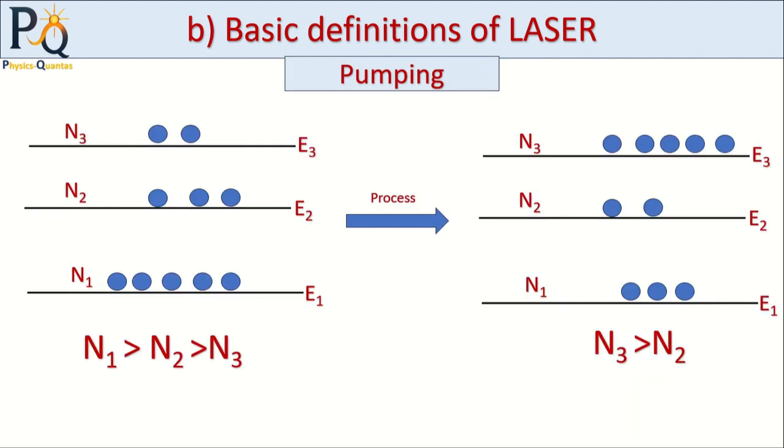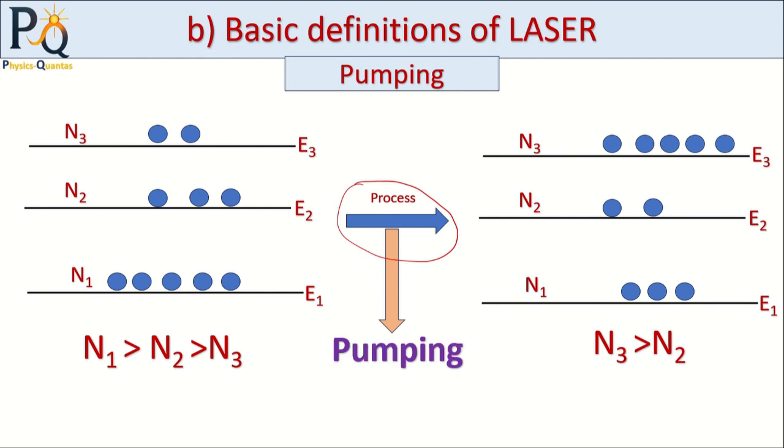Now let's see another concept, pumping. To understand pumping, let's look at population inversion once more. This is a diagram taken from the population inversion slide. This is before population inversion, and this is the situation after population inversion by using some process. That process is called pumping.